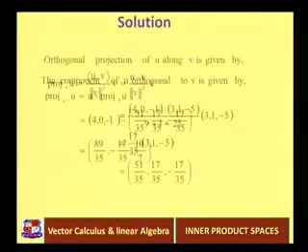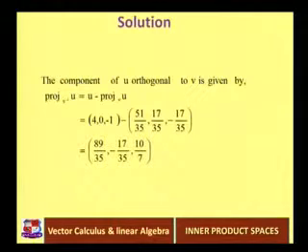Now we want to find the component of u orthogonal to the vector v, which is given by the equation: projection of u on v perp is equal to u minus the projection of u on v. We already found the projection of u on v.